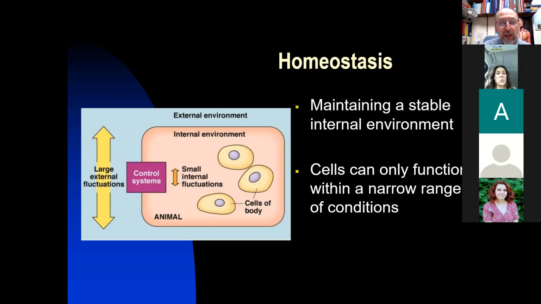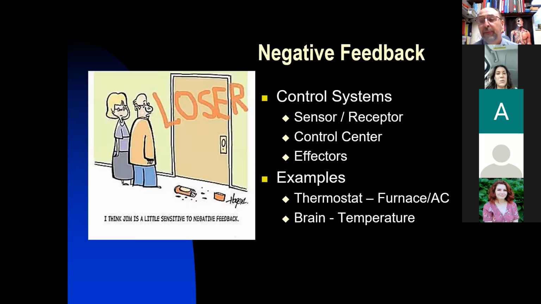And the way we do that is with negative feedback. Negative feedback is a control system that detects change and works to make the change smaller. So there's a sensor that activates a control center whenever there's change, and the control center activates effectors. And that's negative feedback, and this is how a thermostat works.